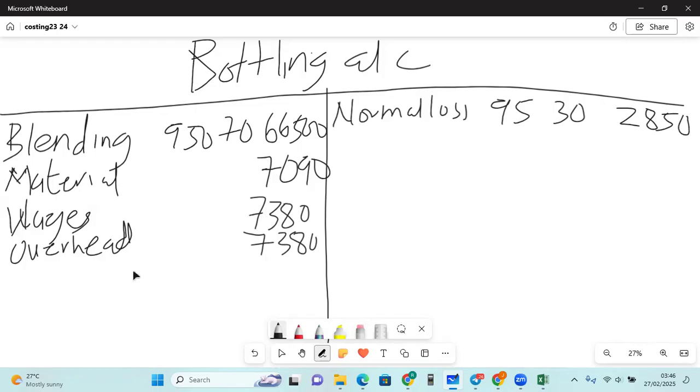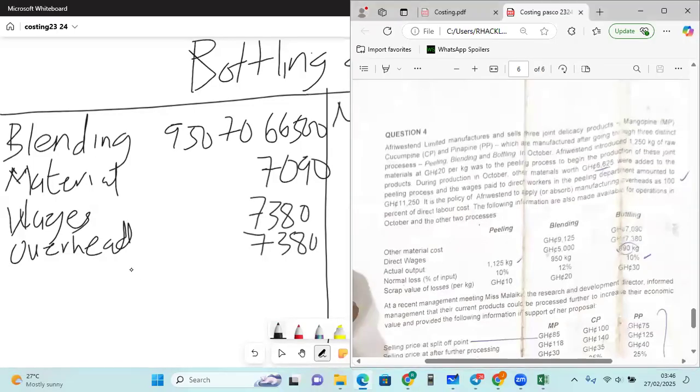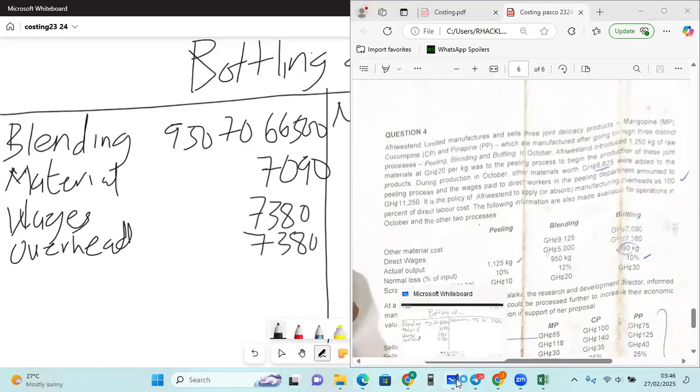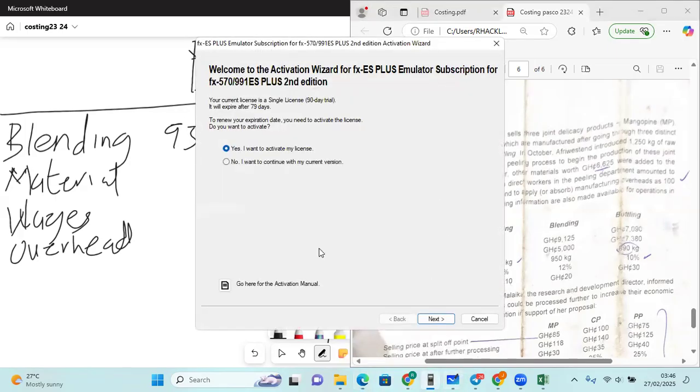Then our normal output for that particular department is 890. 890 is our normal output. It's equal to finished goods, right?